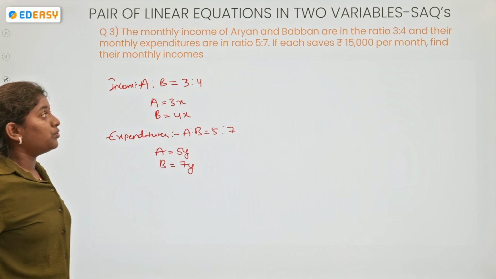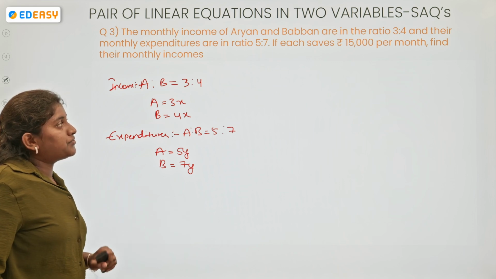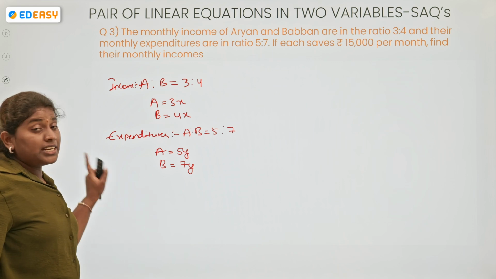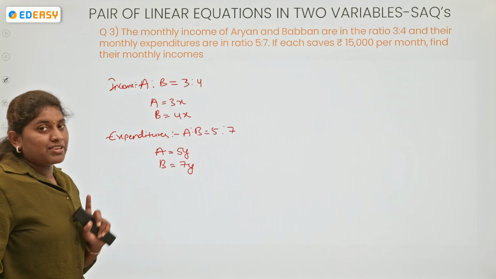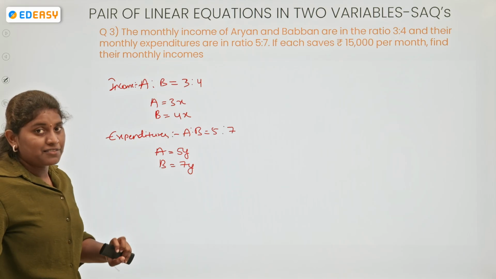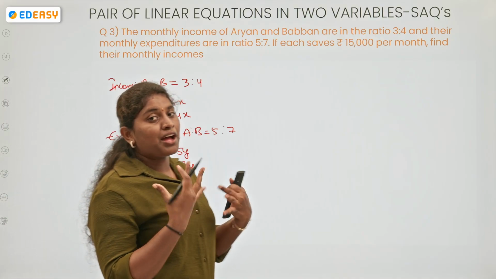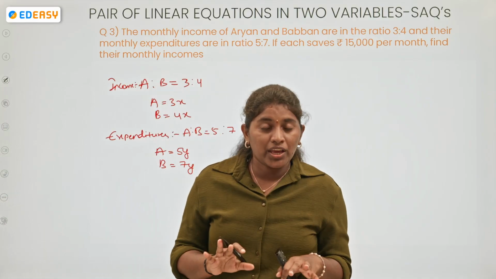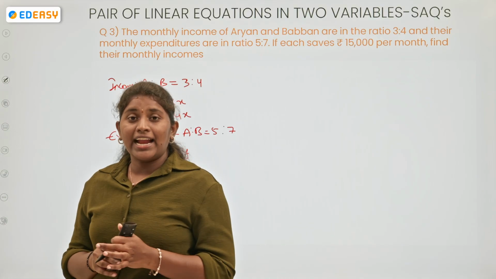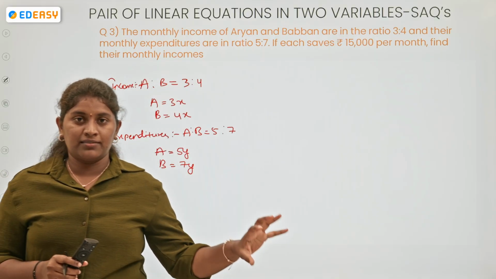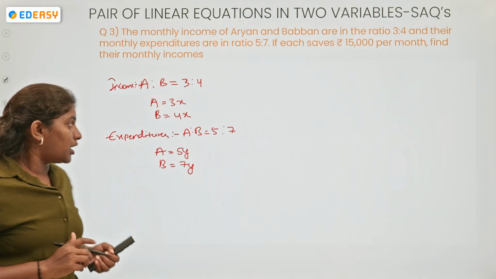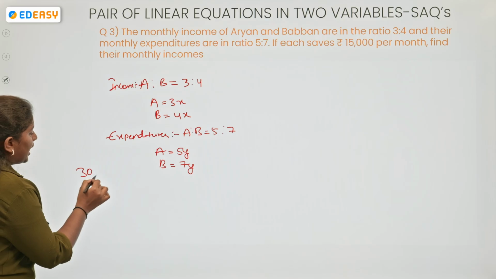Okay. Now, if each saves rupees 15,000 per month, find their monthly incomes. Savings: how do we get the savings? From the income and expenditure. Suppose I am earning 30,000 and I am spending 10,000.